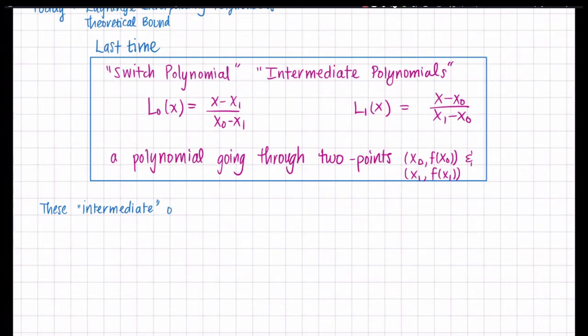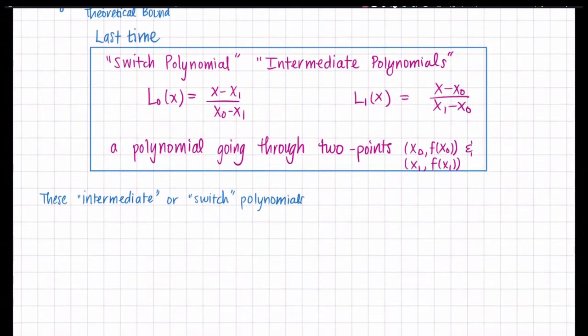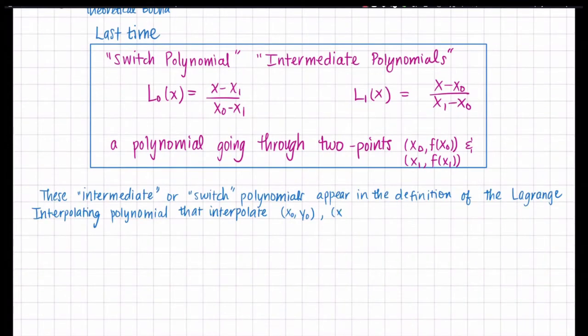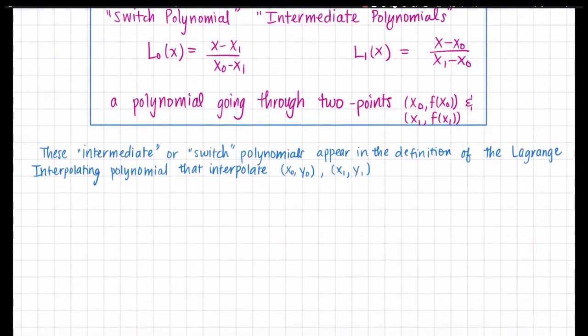So these intermediate, or sometimes switch polynomials, appear in the definition of the Lagrange interpolating polynomials that interpolate 2 data points. Those are my 2 data points, x naught, y naught, x1, y1, and we can write down the Lagrange interpolating polynomial, and I won't use any subscripts here. I use the switch polynomials: L naught of x with f of x naught plus L1 of x f of x1.